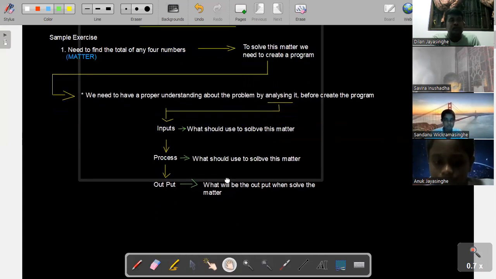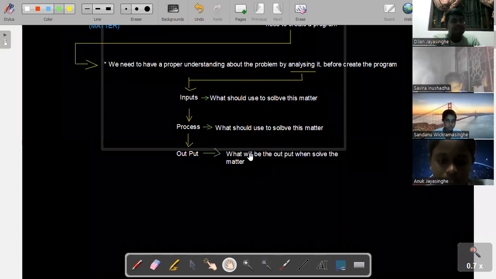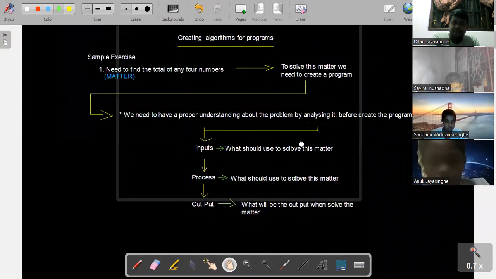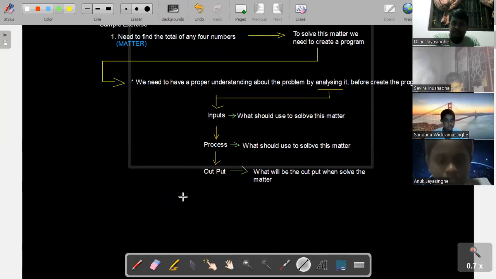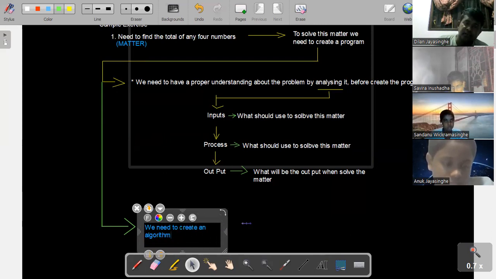Right. Okay. Now we'll see how to solve this problem by an algorithm. First, I'm going to solve this by the pictorial method. We need to create an algorithm, right?